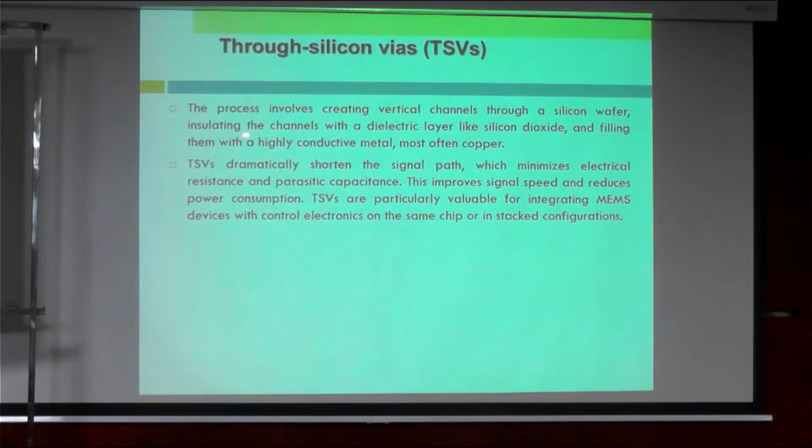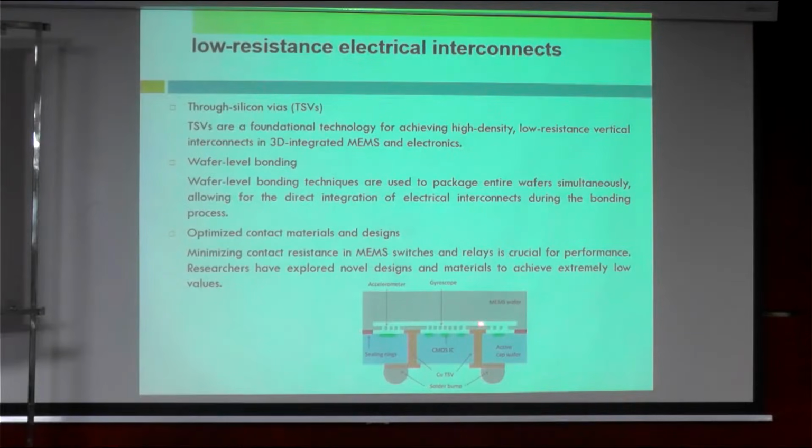So the channels are insulated with a dielectric layer like silicon dioxide and filled with a highly conductive metal, most often copper. Through silicon via, TSV, dramatically shortens the signal path. If you see here, it goes directly to the bottom, or to this component as well, rather than if you want to use wire bonding, where the wire goes through the outside and will be longer.